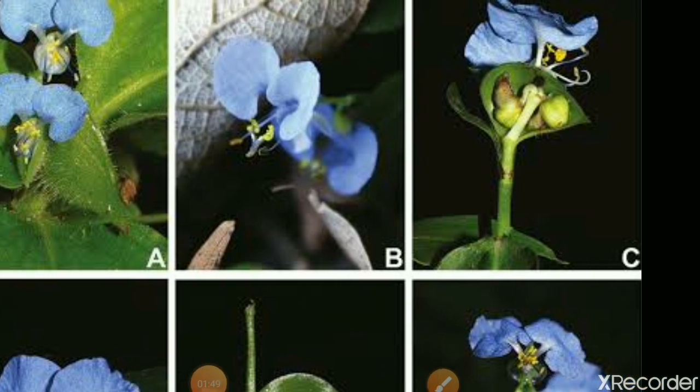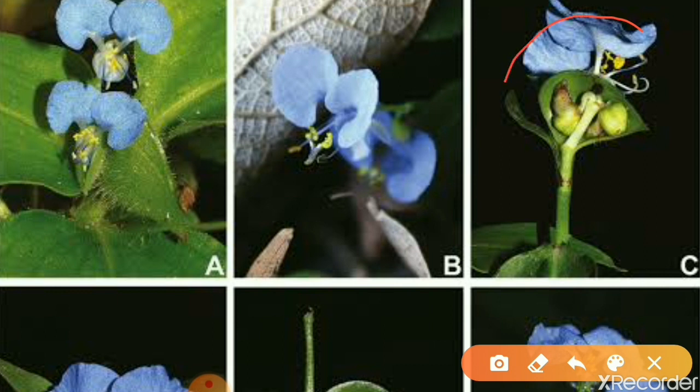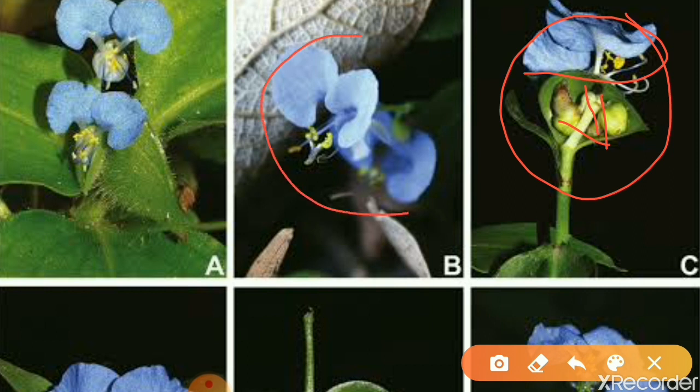Listen, this is the chasmogamy flower. Later it will become cleistogamous for ensuring the fruit formation. And they are large in size, brightly colored petals are present, and producing scent also.